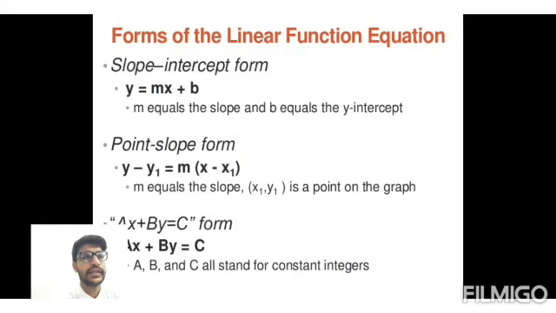Forms of linear function equations: slope intercept form y = mx + b. Point slope form: y - y1 = m(x - x1), where m is the slope and (x1, y1) is a point on the graph.